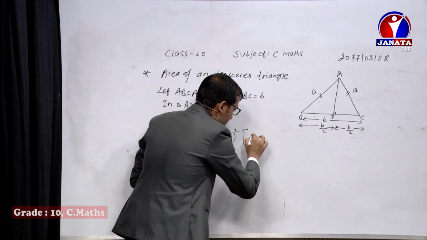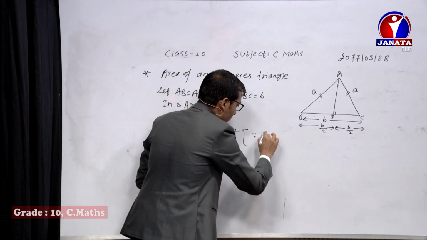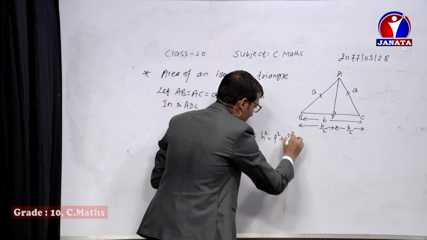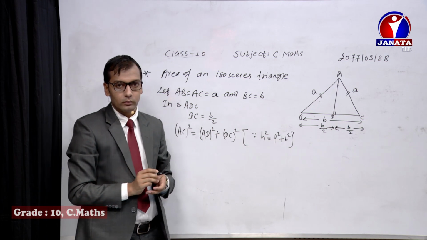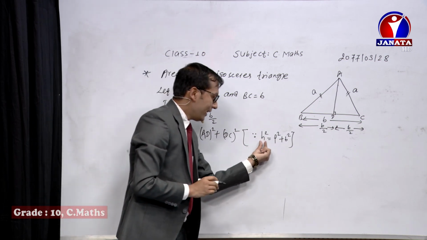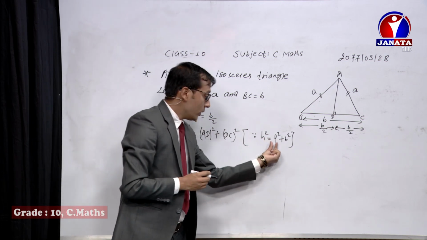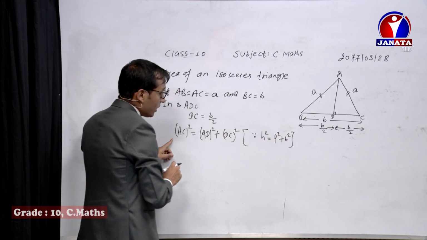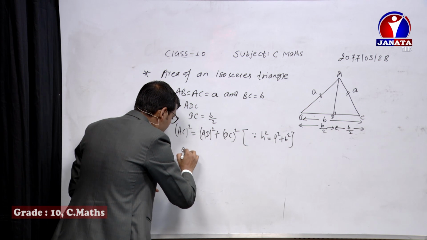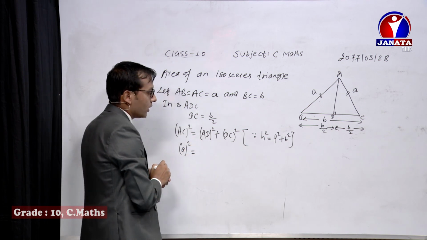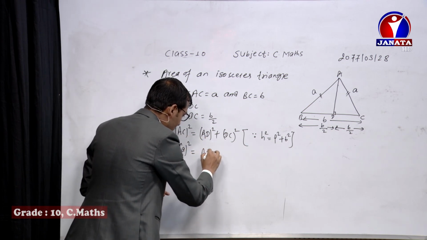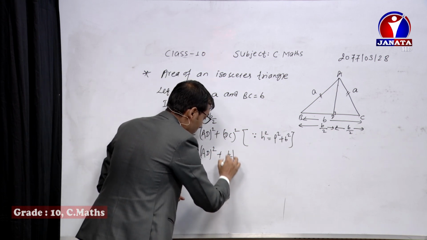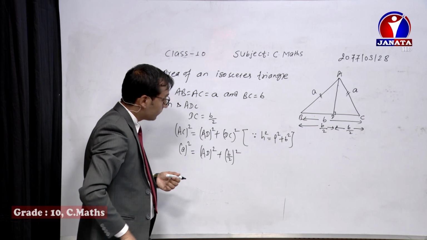This is in fact Pythagoras theorem: H square is P square plus B square. H is hypotenuse, P is perpendicular, and B is base. So what is AC? It's A, so A square is AD square, AD is unknown, plus B over 2 whole square.